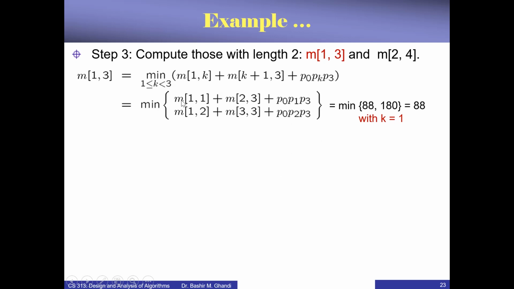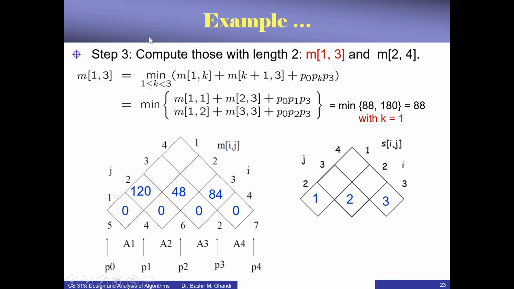Now, if you compute these values based on the result we have, M11 is obviously 0. But what about M23? M23 is 48. So we have 0 plus 48 plus the product that you're going to get by multiplying P0, P1, P3. If you do that, you will see that you will have 88. What about the other one?